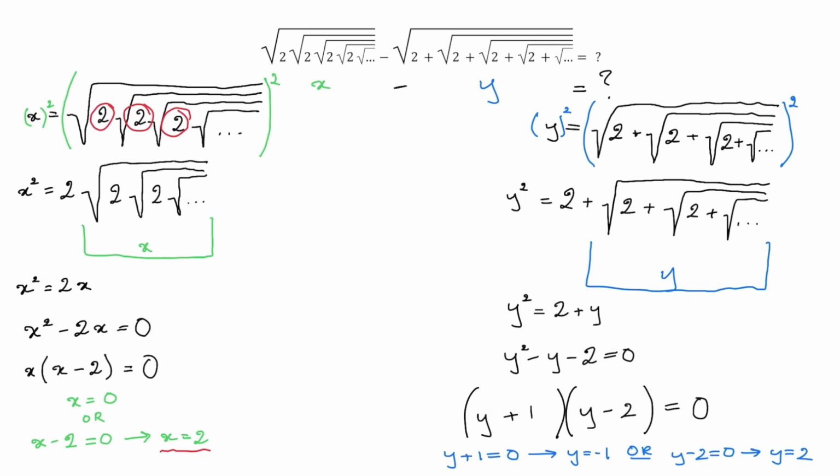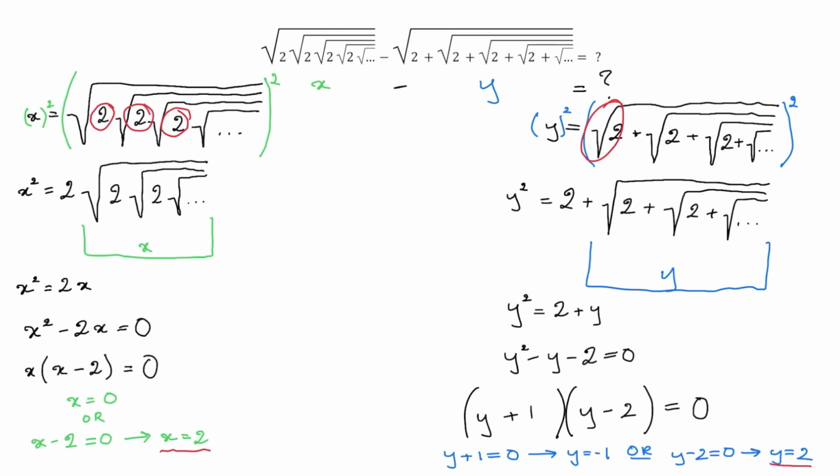Again, we have one solution being extraneous and the other being the correct solution. So which solution is correct? That's right, it's y equals 2. Because in our original expression, we are taking the principal square root, or the positive square root. So an expression with this can never result in a negative number. Therefore, y equals 2.